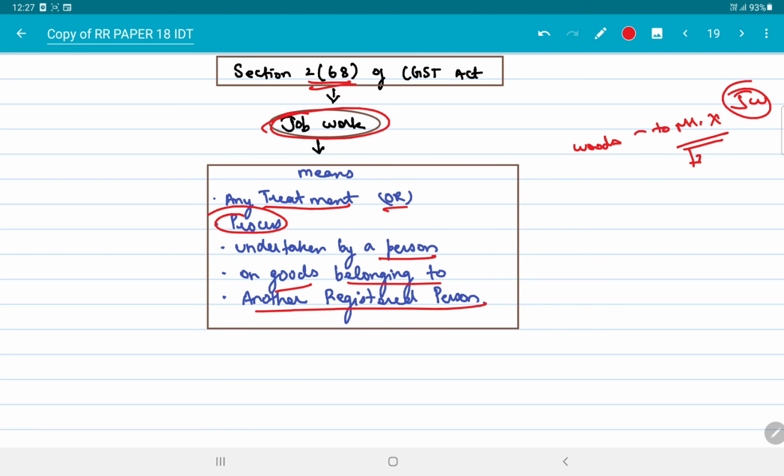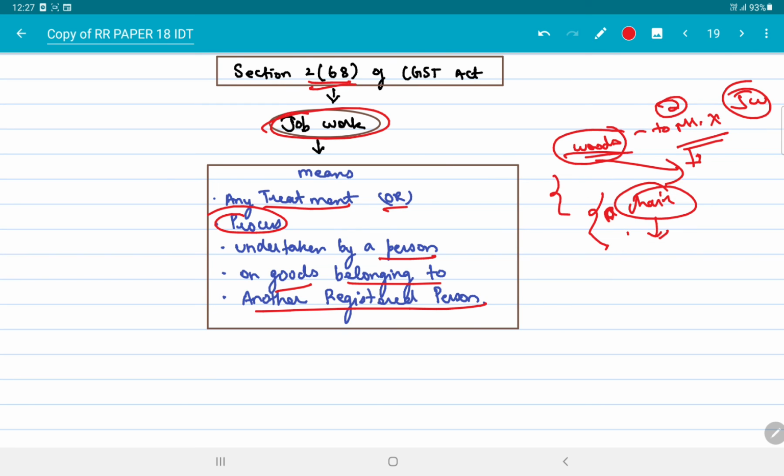The job worker works on such wood and gives me a chair. So there was some treatment or process done on my goods, which is wood, and the finished goods come as a chair. So any treatment or process undertaken by a person, Mr. X, on goods belonging to a registered person is treated as job work.